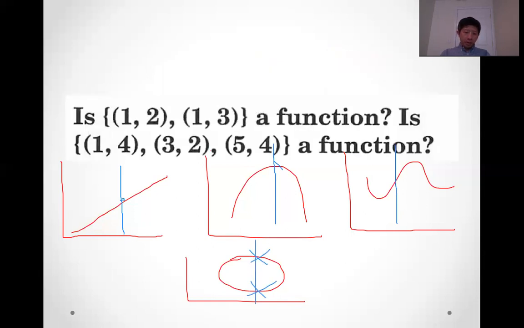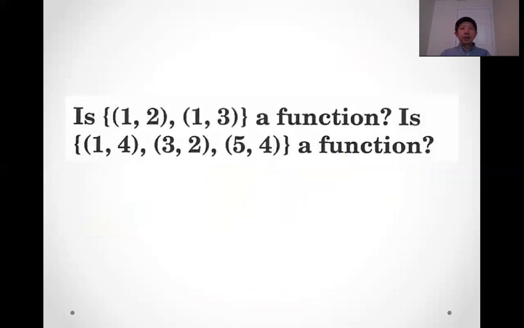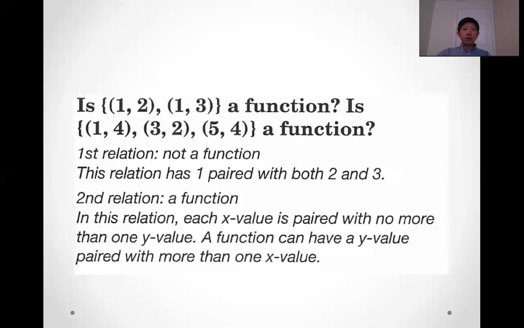All right, now I need to clear this. Here is a problem for you to think about. Is (1,2), (1,3) a function? Is (1,4), (3,2), (5,4) a function? Let's take a look. The first one, (1,2), (1,3), is not a function.